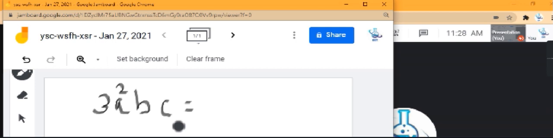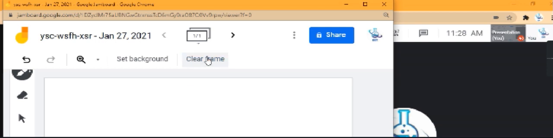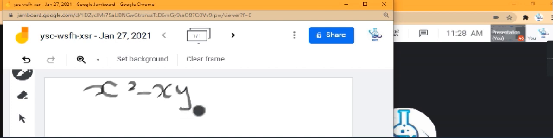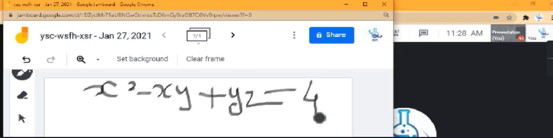Again, a term of the expression having no literal factor is called a constant term. If I write the expression x square minus xy plus yz minus 4, the constant term will be minus 4.